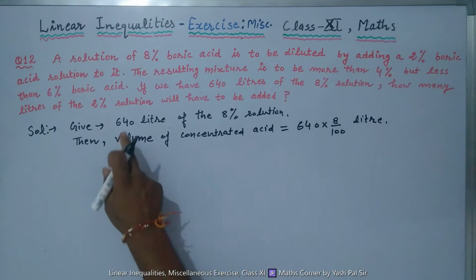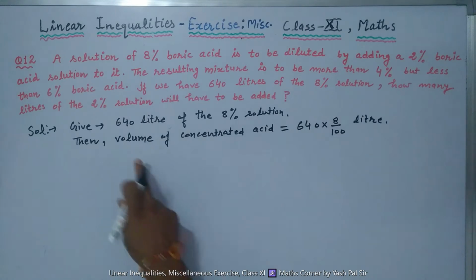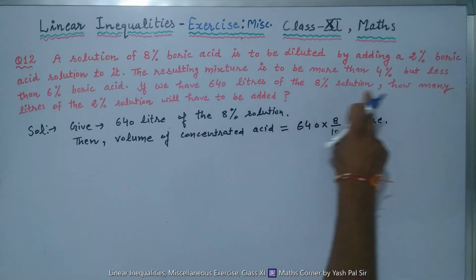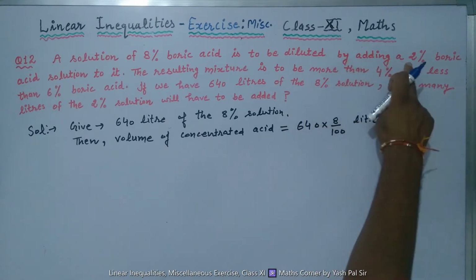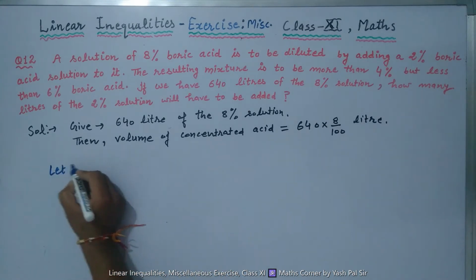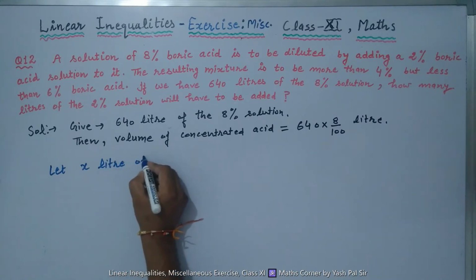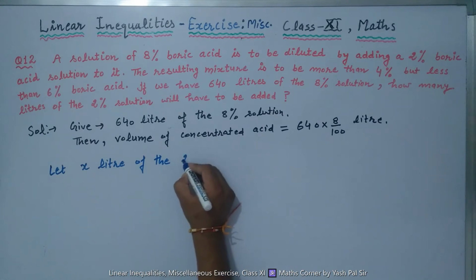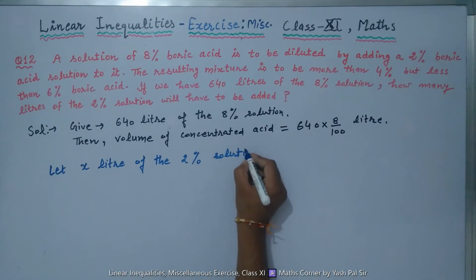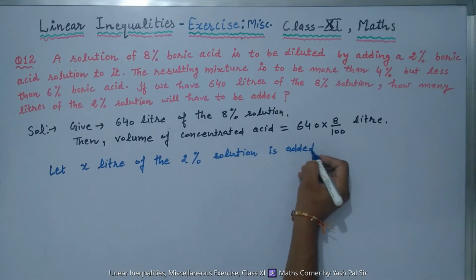Now we have 640 liters of the 8% solution. So this way, now next we have, by adding a 2% boric acid, so let x liter of the 2% solution is added, right?